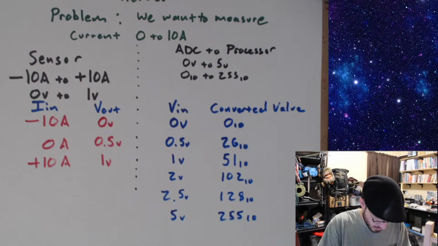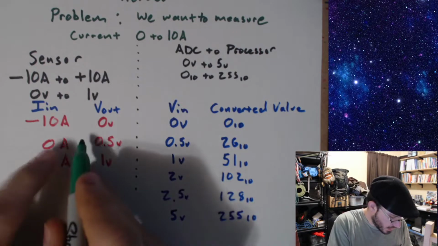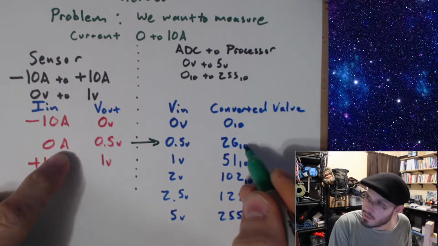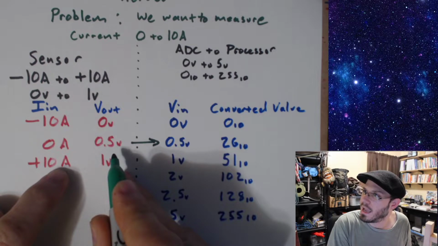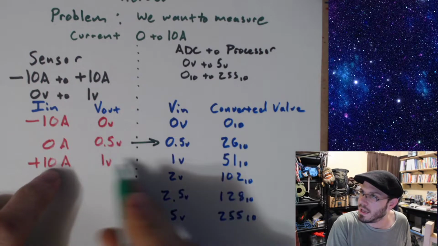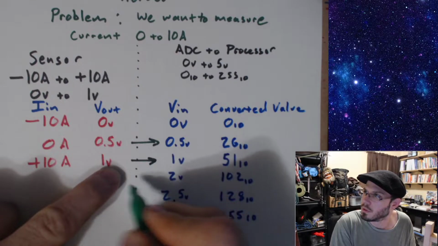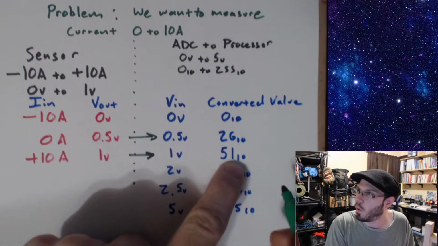Well, 0 amps gets converted to 26, and everything in between, and 10 amps gets converted to 1 volt, and so that turns into 51.